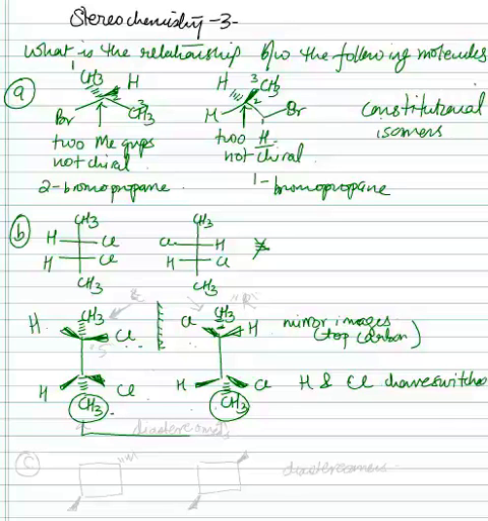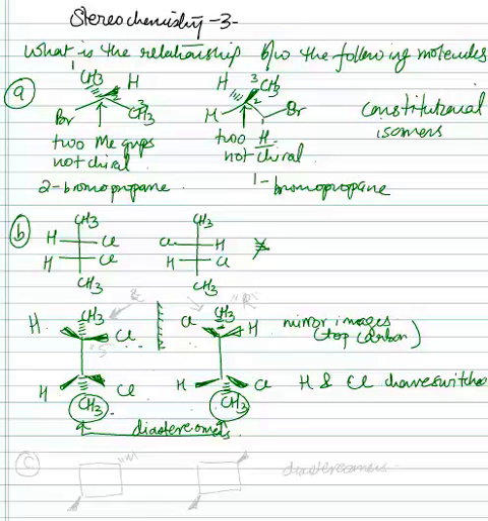Therefore, these 2 compounds are diastereomers, because they don't have the same stereochemistry. If the bottom one was the same way, it would be a mirror image, and if both the top and bottom were mirror images, then the relationship would be enantiomers. But because the top one is the same and the bottom one is different, you have diastereomers.